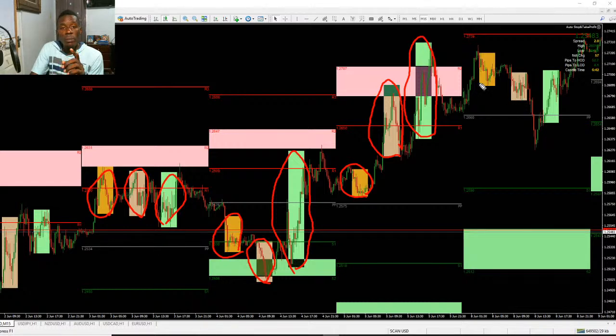Similar right here. Asian down, nothing much. But at the end of the session, I'm going to elaborate a little more on this session right here. I'm going to change the color to blue.